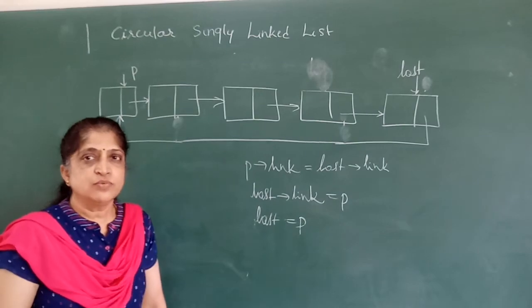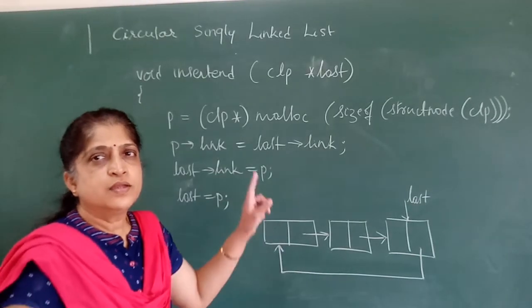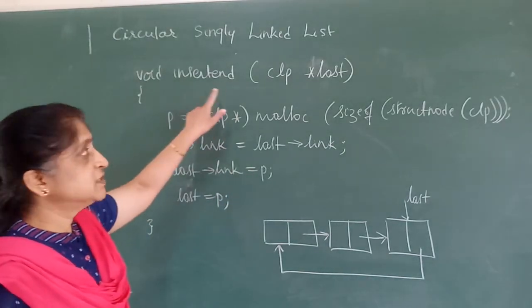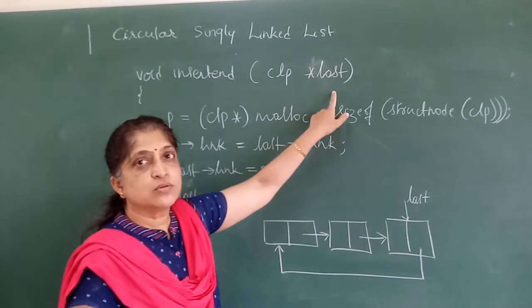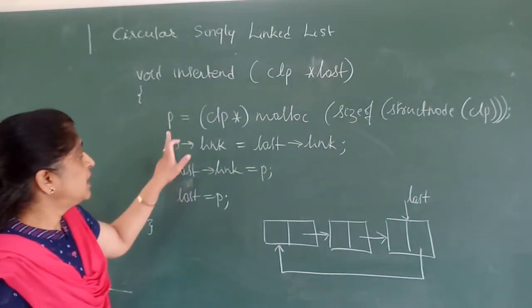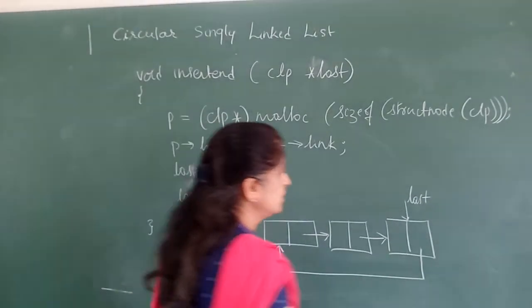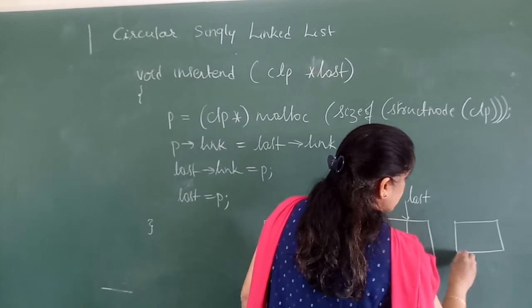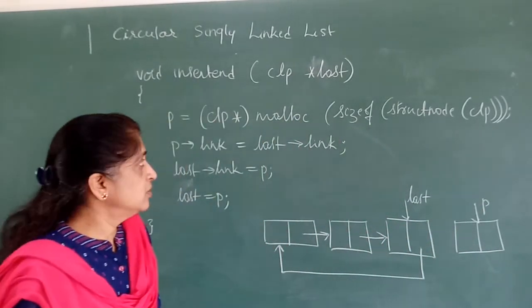We will write the algorithm for this. Here we have the algorithm for insert end in a circular linked list where the external pointer is maintained to the last node. I have just done P is equal to malloc. With this, I get a node.